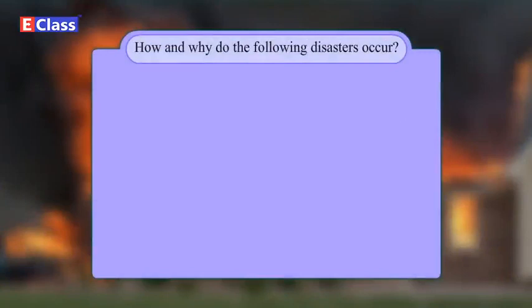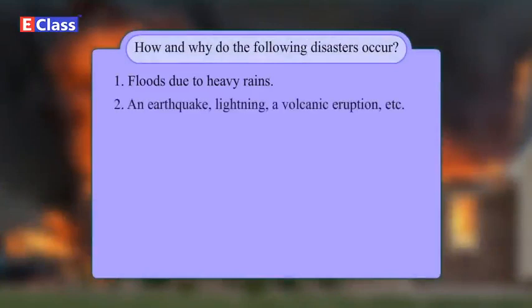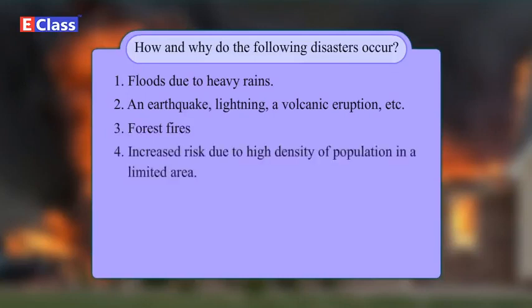How and why do the following disasters occur? 1. Floods due to heavy rains. 2. An earthquake, lightning, a volcanic eruption, etc. 3. Forest fires. 4.